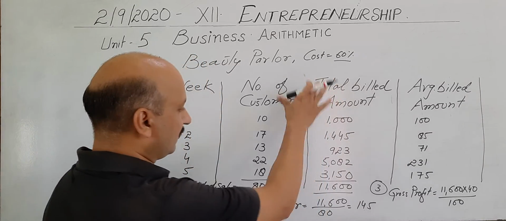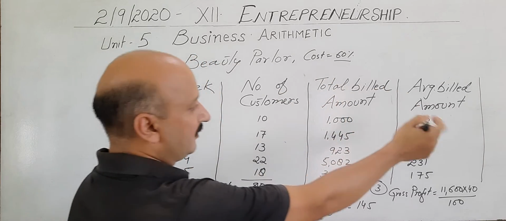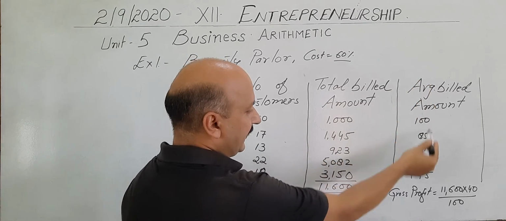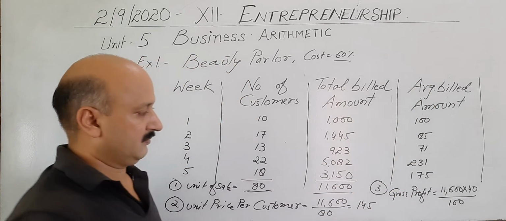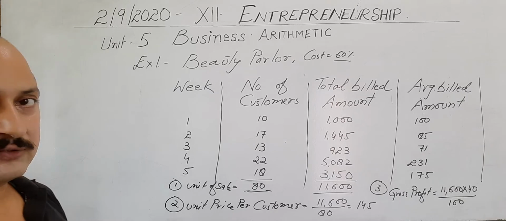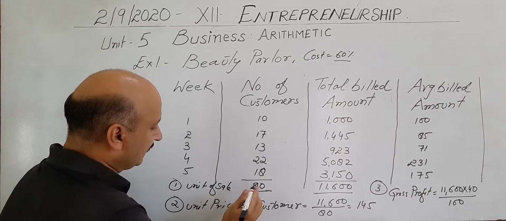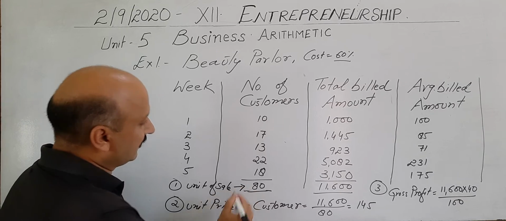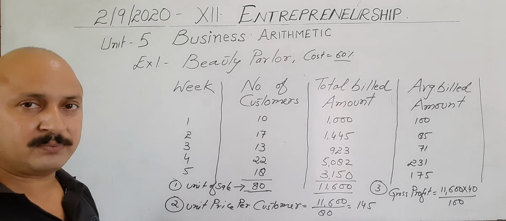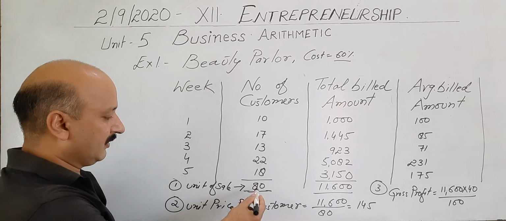So we need only these two figures. We need not total the average billed amount. So first of all we must know what is unit of sales. Unit of sales is the total number of customers during that period and that is here 80.